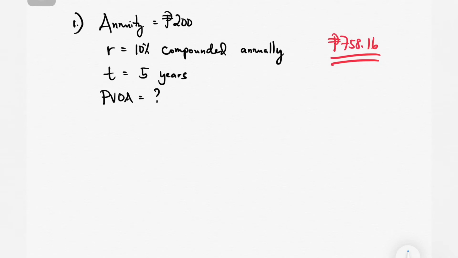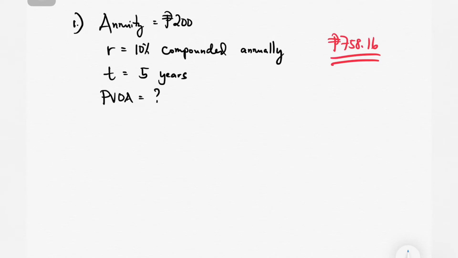Alright, so let's try answering this problem again, but this time using the present value ordinary annuity formula, because earlier, we just applied the present value single sum to all of the cash flows that we have. And on the side, I have the answer from earlier.